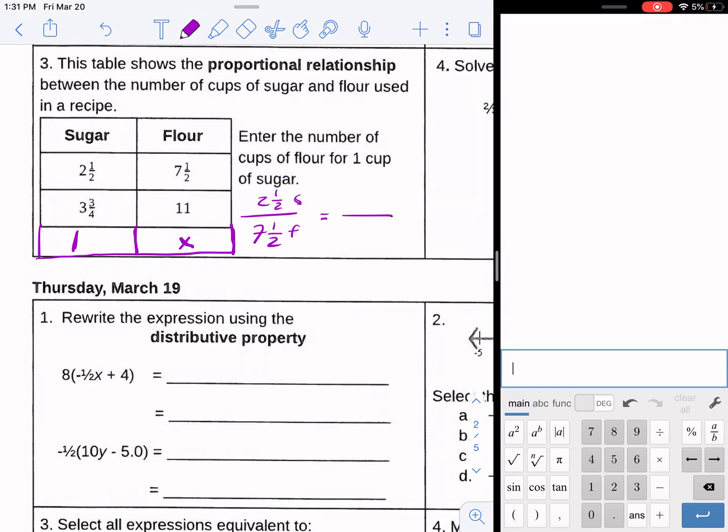How many cups of sugar do I want? I want 1 cup of sugar, and I have some unknown number of cups of flour. So how on earth do I do this?